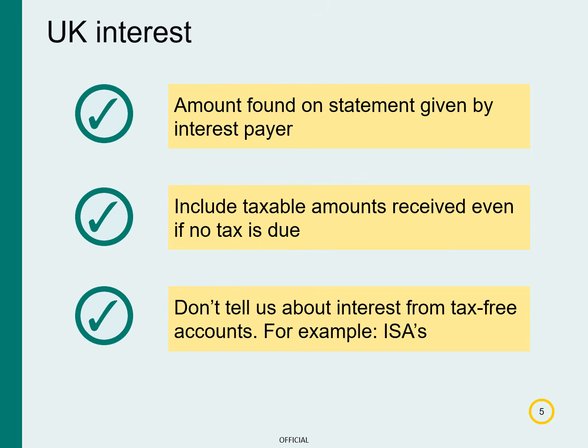However, don't tell us about interest from tax-free accounts such as individual savings accounts, also known as ISAs, and some National Savings and Investment accounts. For joint accounts, only tell us about your share. That's normally half, but it doesn't have to be.